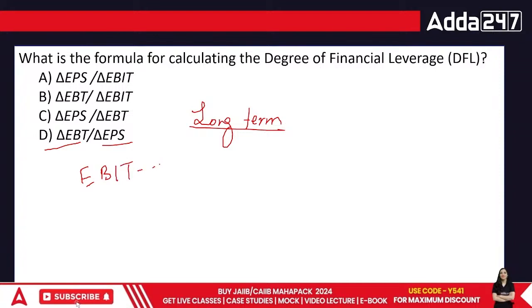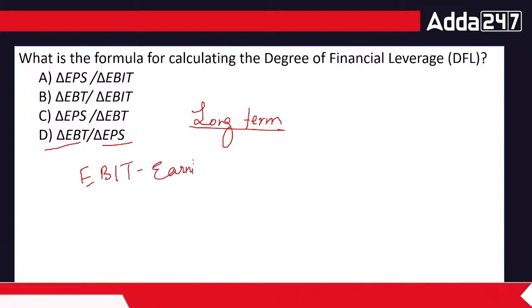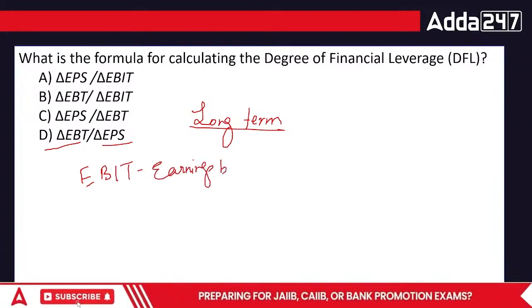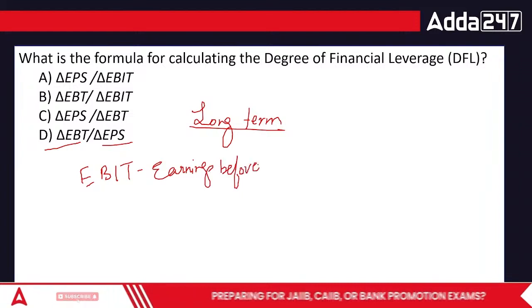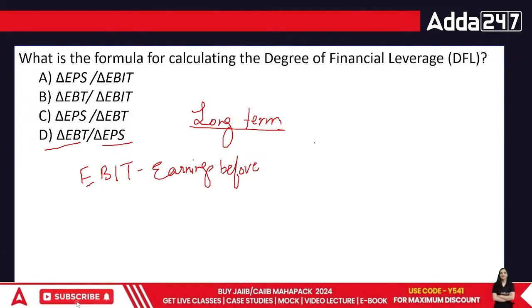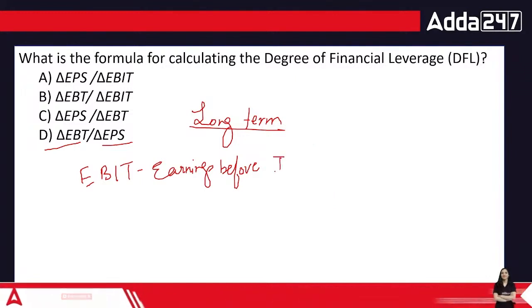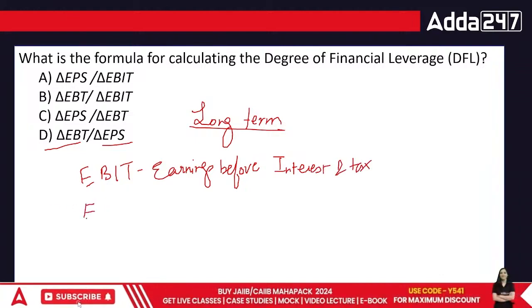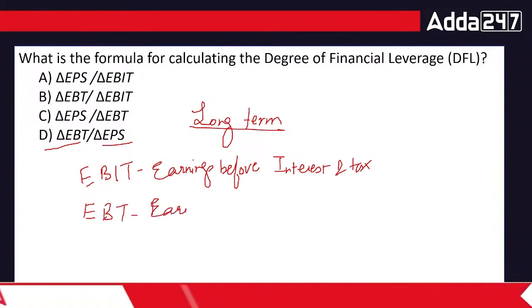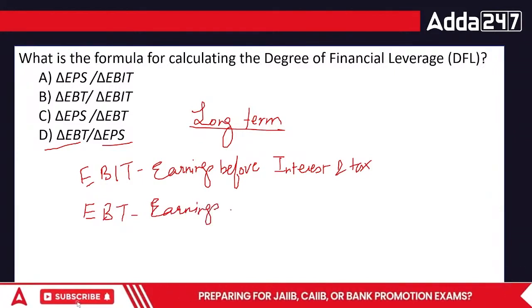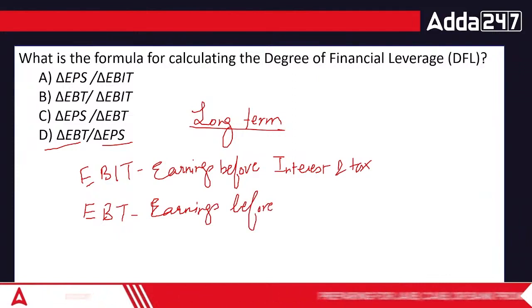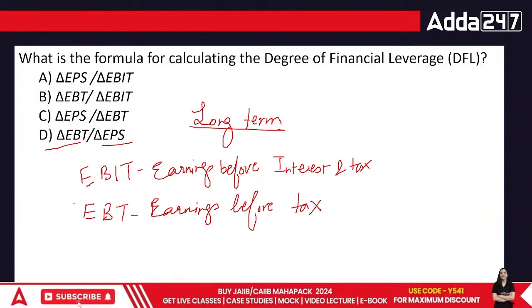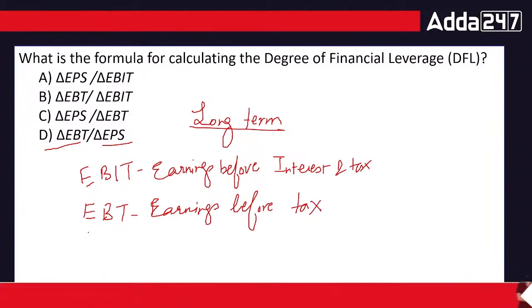EBIT is earnings before interest and tax, while EBT is earnings before tax. And earning per share we have just calculated.